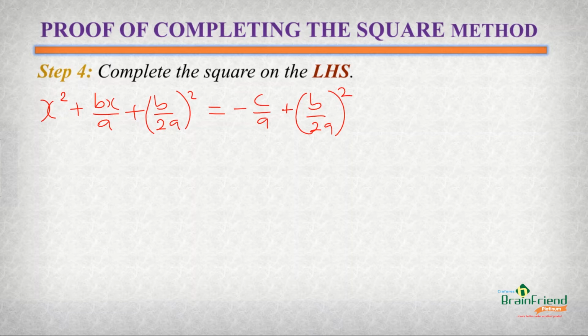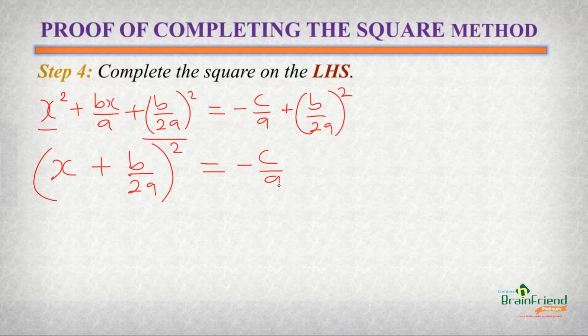Now, what we mean by completing the square on the left-hand side is simply to take these squared terms together. And how do I do that? I'll simply say (x plus B over 2A) all squared is now equal to minus C over A plus (B over 2A) all squared.